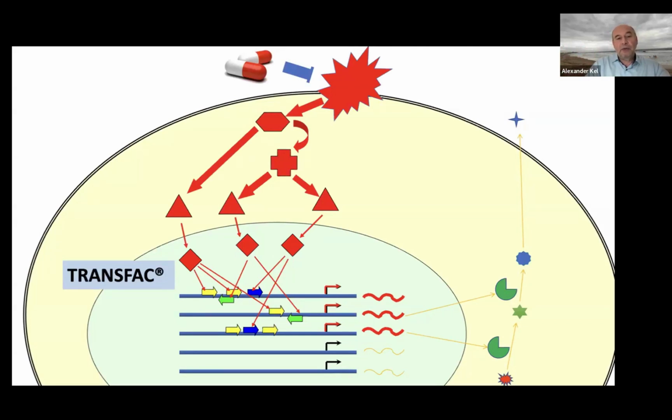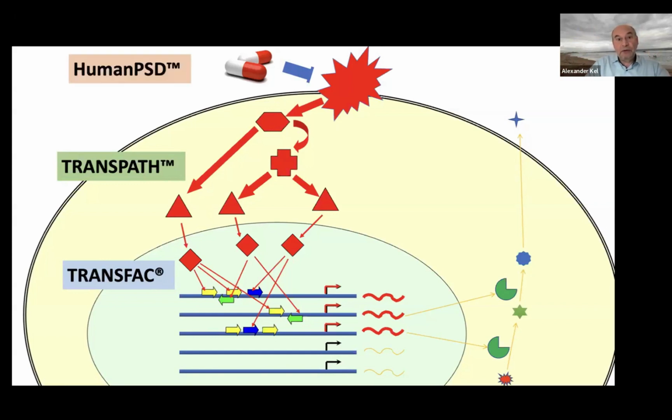And okay, so we are using different databases which we have in our hands. For the motif search, we use TRANSFAC, the collection of motifs. For the pathways and the network, we use TransPath. It's another database from us, which collects the network of signal transduction interactions, which we collect manually from literature.